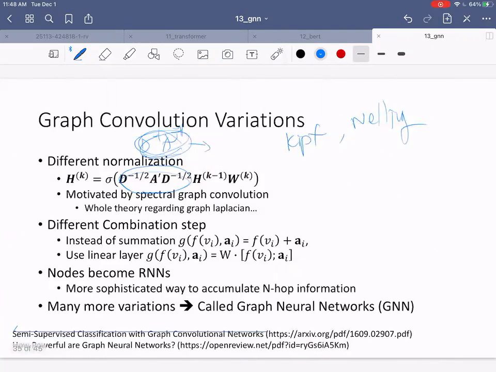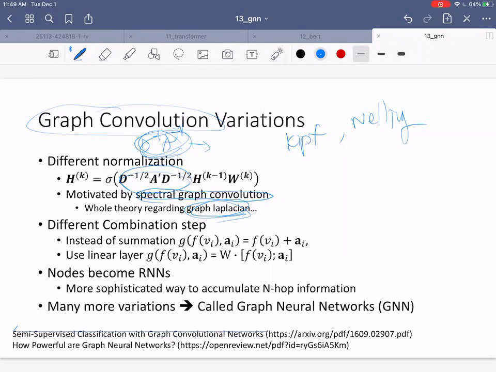And the whole concept of graph convolution is motivated by spectral graph convolution theory, which is a whole theory behind the graph Laplacian and graph Fourier transform. Based on the adjacency matrix, you can derive the graph Laplacian, and then derive the eigenvectors and eigenvalues of that graph Laplacian. You use those eigenvectors to transform the node embeddings into some other spectral domain representations, and then you can do a lot of interesting stuff, like graph cut problems or graph clustering problems.